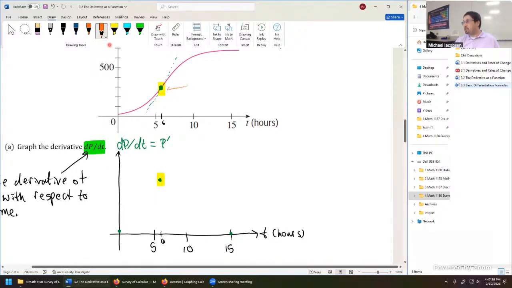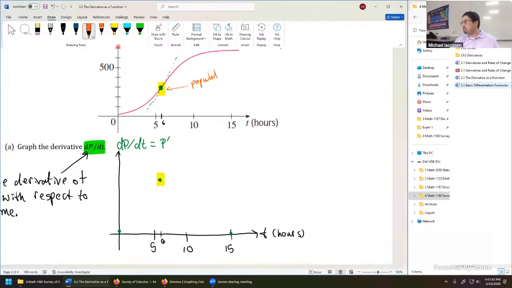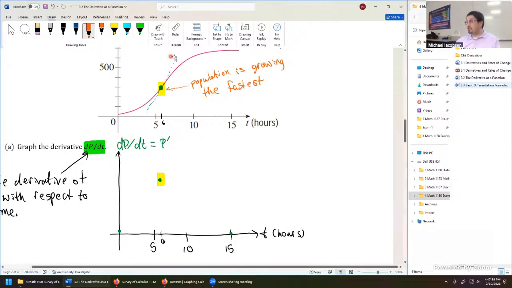This is the point at which the population is growing the fastest, but we can relate the population growth to just the slope of the tangent line. The slope of the tangent line is the derivative.